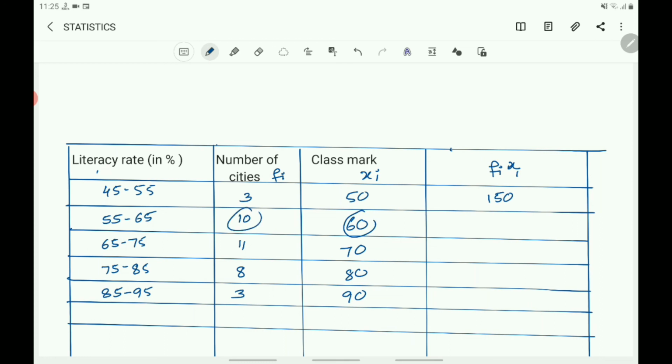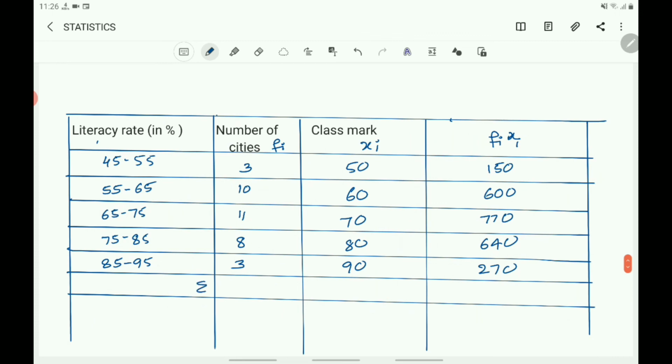Then 60 into 10 is 600. 70 into 11, you know that 11 7s are 77, 11 into 70 is 770. Then 80 into 8, 8 8s are 64, so it is 640. Then 90 into 3, 9 3s are 27, then it is 270.